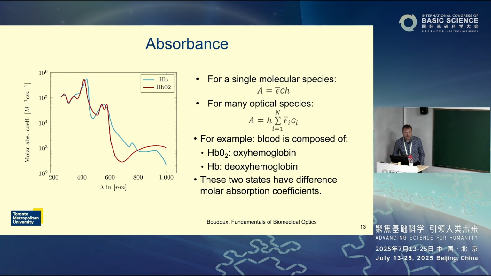Those are hemoglobin. This is a part of erythrocytes, which provides basically the oxygen supply and the energy for our body. And those are two forms of hemoglobin, oxygenated and deoxygenated. The absorbance makes sense for a single molecule times the concentration of this molecule, either molar or number of molecules.